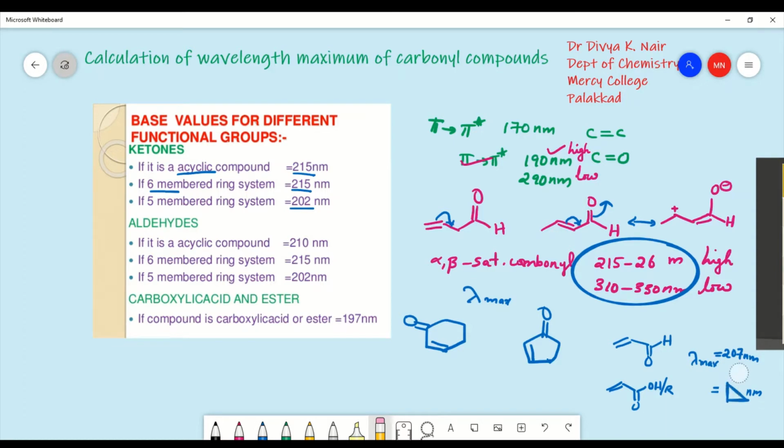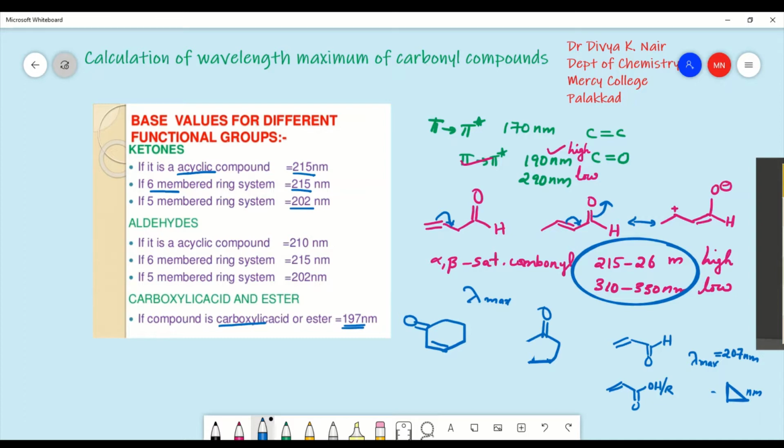So alpha beta unsaturated ketones which are acyclic or 6-membered will have the value of 215 nanometer, whereas for a 5-membered ring system like this one, it is 202 nanometer, and for aldehydes it is 210 or 207 whatever maybe, and if it is a 6-membered ring system it is 250 nanometer, if it is a 5-membered ring system it is 202, and for carboxylic acids and esters it is 197 nanometer.